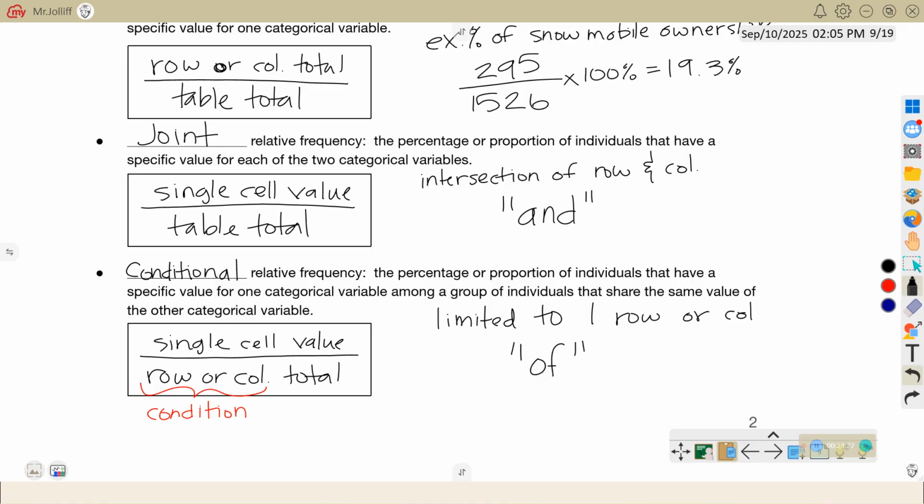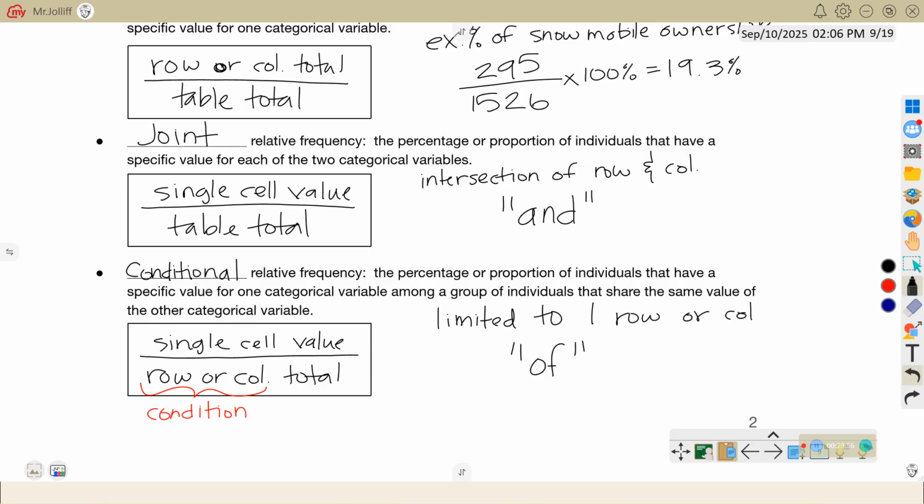I want the proportion of snowmobile owners who are also club members. Whatever comes after the "of," that's your condition. That is 99.9% of the time what that wording is going to look like. So what proportion of whatever comes after that "of," that's your condition. That's the bottom of your fraction.